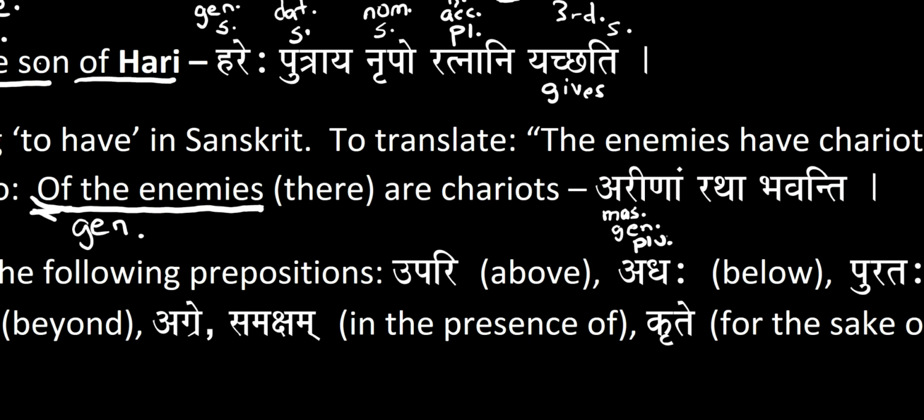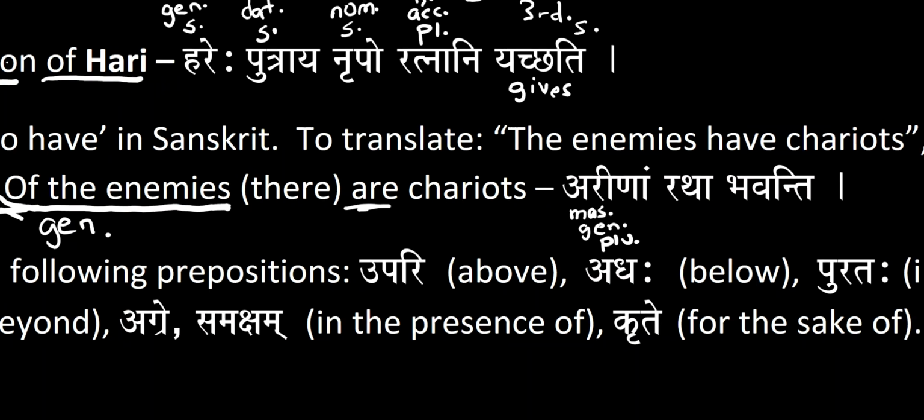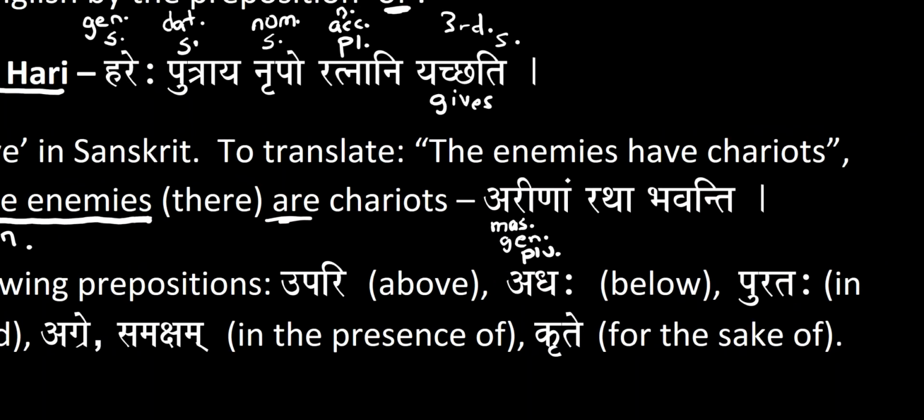Of the enemies, there are. Remember, are is a conjugation of the verb to be in English. So to be in Sanskrit is bhu, and bhavanti is third person plural, first conjugation.